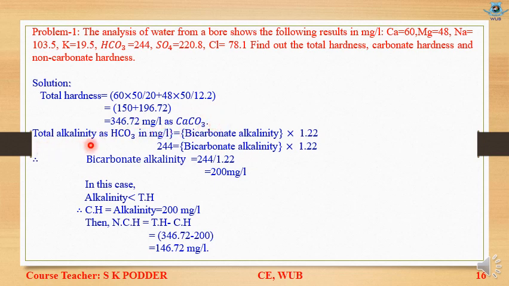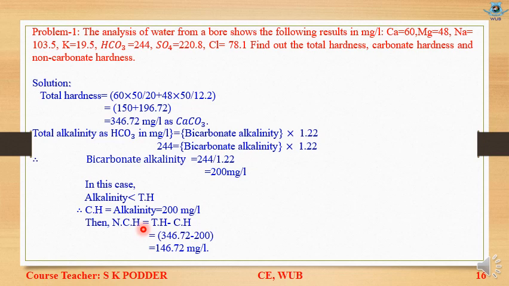Now, the total alkalinity as bicarbonate in milligram per liter is equal to bicarbonate alkalinity multiplied with 1.22. So from here we can easily find that bicarbonate alkalinity is equal to 200 milligram per liter. Since the value of alkalinity is smaller than the total hardness, the carbonate hardness is equal to the alkalinity, that is 200 milligram per liter.